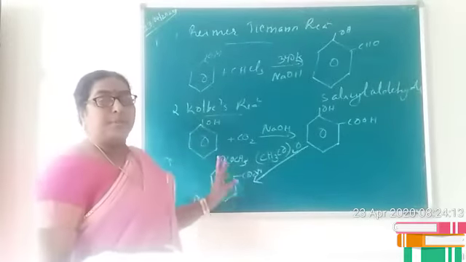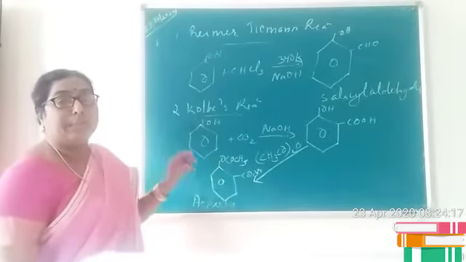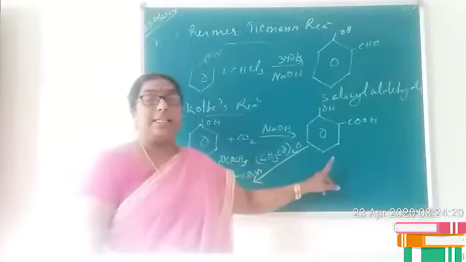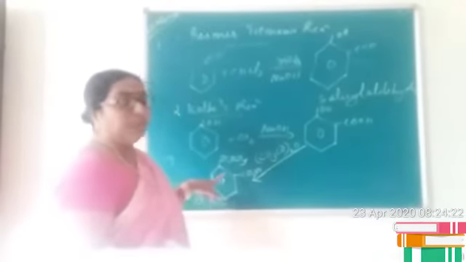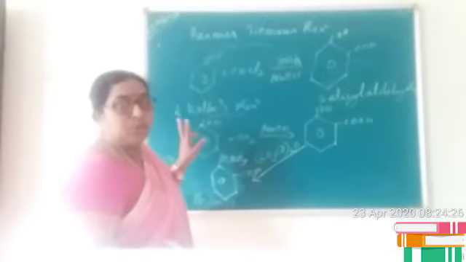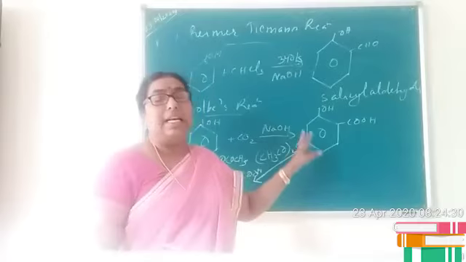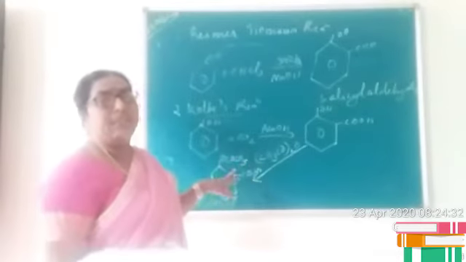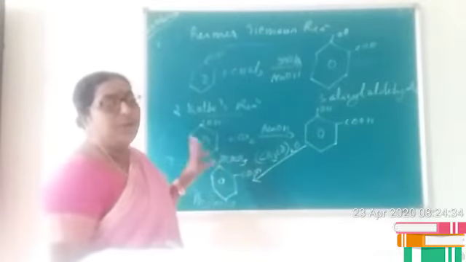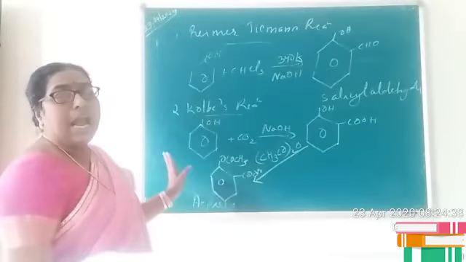What is the chemical name of aspirin? 2-acetoxybenzoic acid. It can even be asked as a conversion: how to convert phenol to aspirin. Phenol undergoes the Kolbe reaction and produces salicylic acid. Salicylic acid on reaction with acetic anhydride will give you 2-acetoxybenzoic acid, or aspirin.